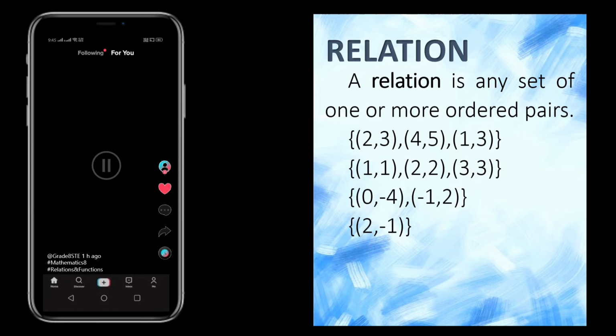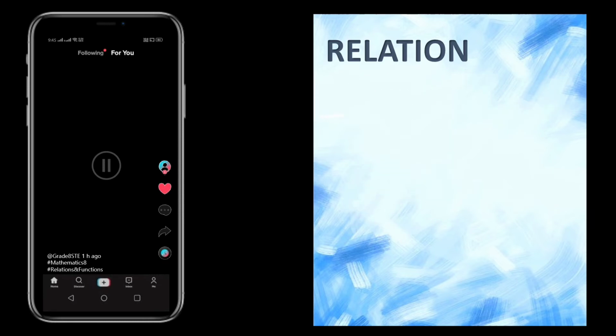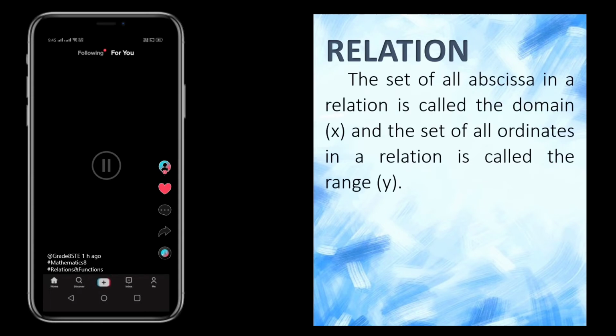It is a relation since there is a built connection between your x and your y. Di ba nga ang isang ordered pair ay binubuo ng x and y? In a relation, the set of all abscissa or yung x natin ay tinatawag na domain, while the set of ordinates or y is called the range.